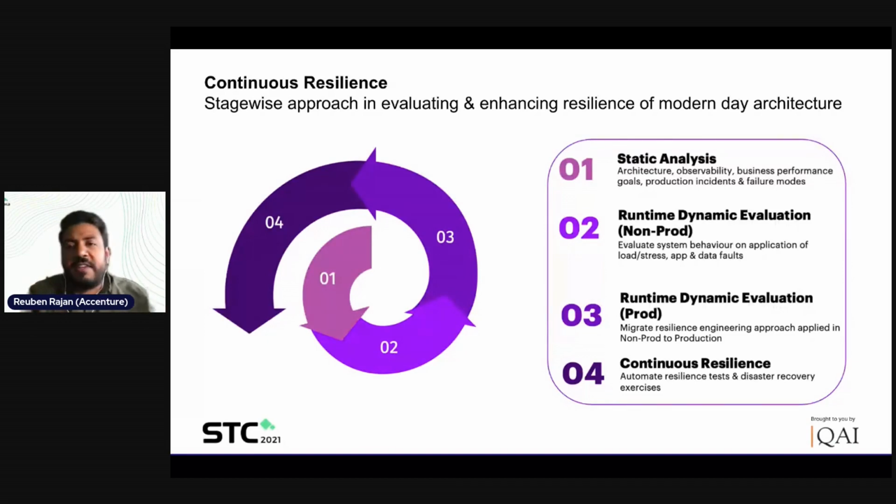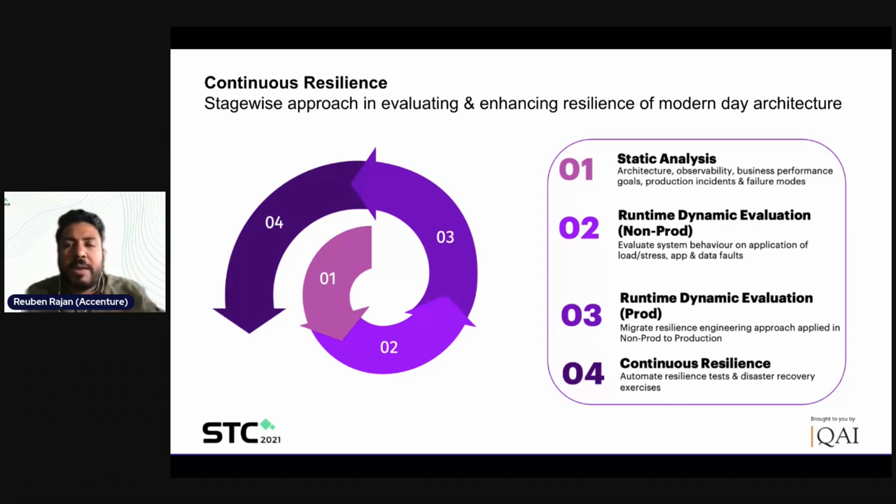So from disaster recovery, you've now come to a state where you're doing chaos engineering or chaos testing. Chaos testing has been predominantly around using tools to inject chaos, inject faults into the environment, into your component.